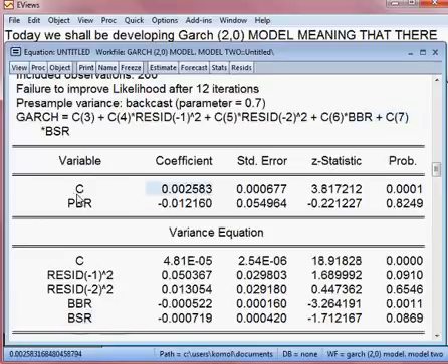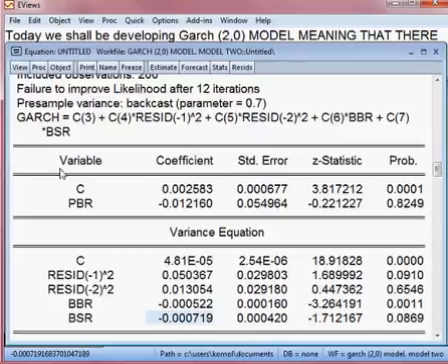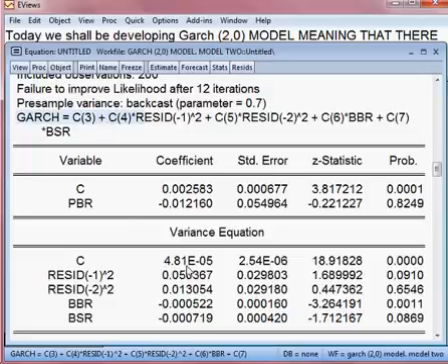And this one is C1, this is C2, C3, C4, C5, C6 and C7, C8. And the GARCH model actually starts from C3. C3 means the constant, then C4, C5, C6 and C7.